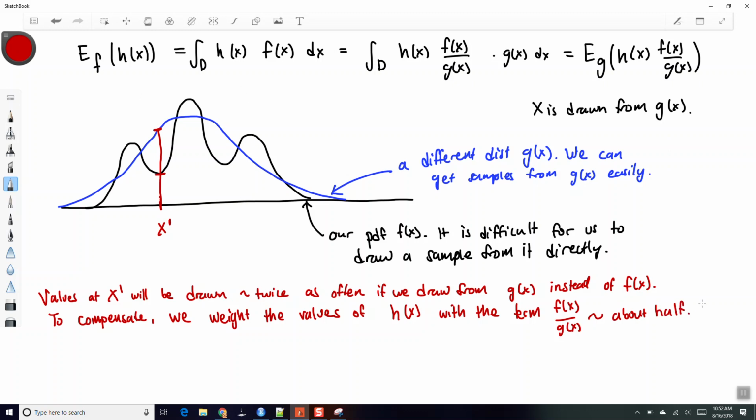Okay, so when we draw x1, those values carry half the weight.